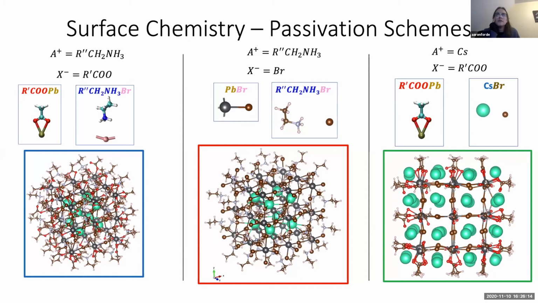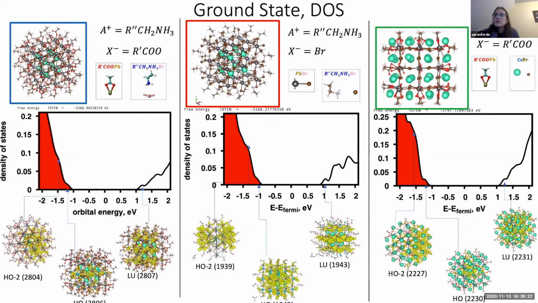So these show the density of states for each of the models, and these are computed with spin orbit coupling. Below them are the orbitals for the HOMO, LUMO, and then a couple of extra states near the band edge as well. I guess the main takeaway is that for all these models, they have a clean band gap, so there are no trap states which show up.